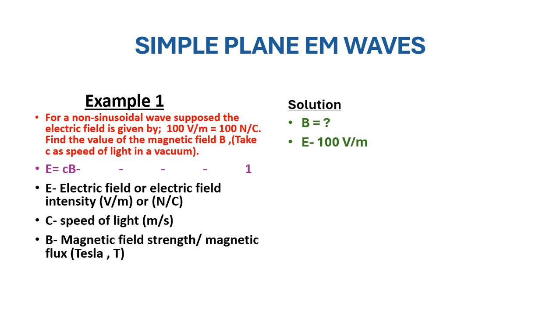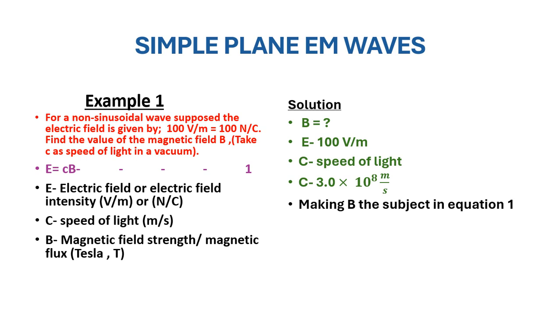E is 100 volts per meter, and the speed of light is 3.0 times 10 to the power 8 meters per second. Making B the subject in equation 1, we get B equals E over c, substituting the values.